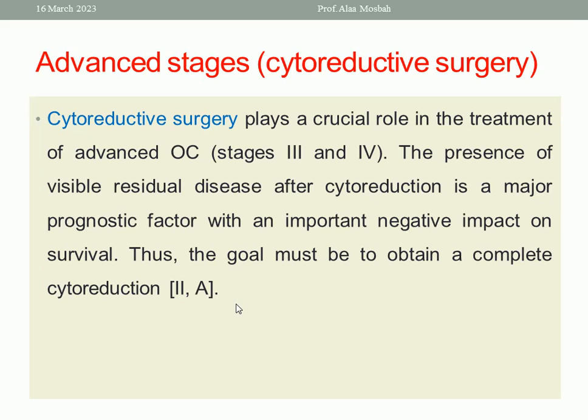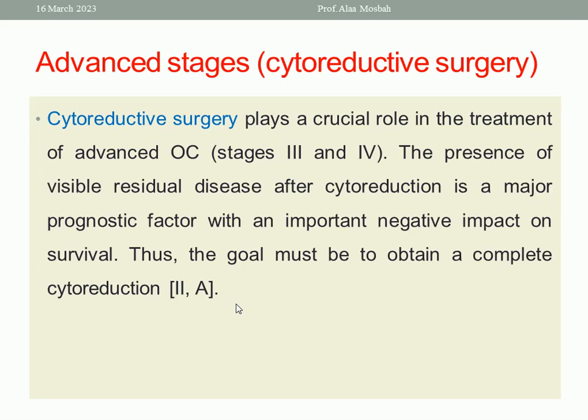You should remove all the tumor, all the nodules, metastases in the abdomen, pelvis, and everywhere. Don't leave behind any tissue. Why? Because if there is residual tumor, it has a worse prognosis. So you should remove every malignant tissue inside the pelvis and the abdomen. Okay?